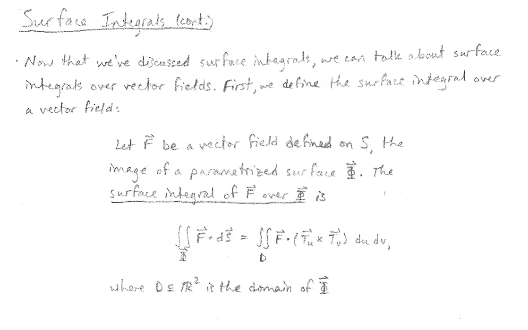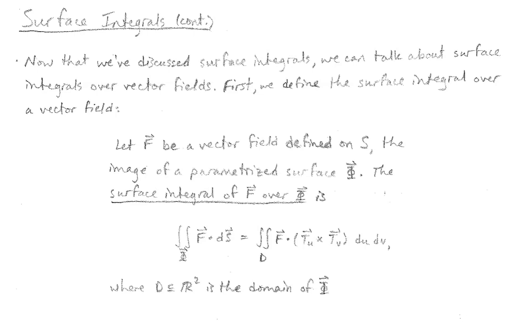When we have those two things, the integral of capital F hat over capital phi hat, or we could say the integral of capital F hat over S, is the double integral of F hat dot d capital S hat.